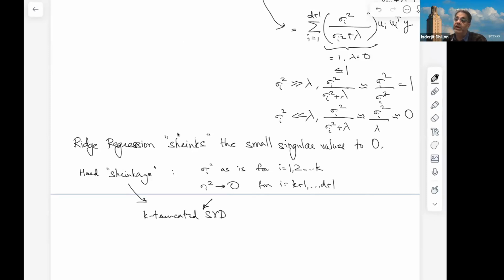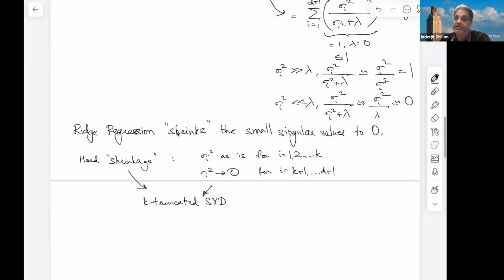It's sometimes called weight decay. But you could potentially also set the small singular values explicitly to 0, whereas here they are being gradually set to 0. And remember, for example, over here, it could happen that all the singular values are large, in which case it won't make that much of a difference.